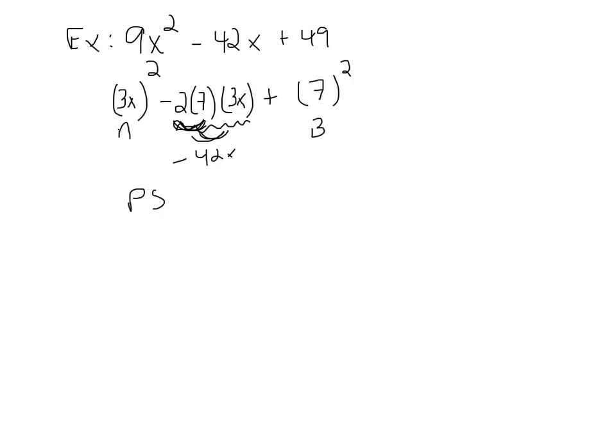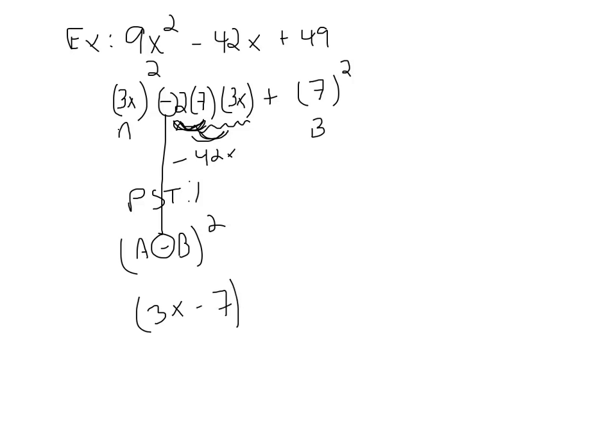So this is a PST, therefore it factors into a minus b squared. We know it's minus because the middle term is minus. So this factors into 3x minus 7 quantity squared.